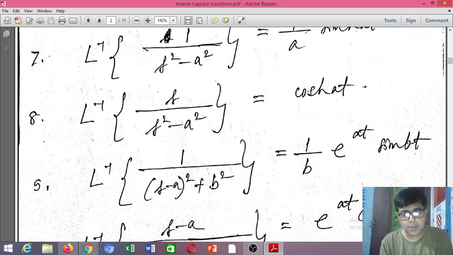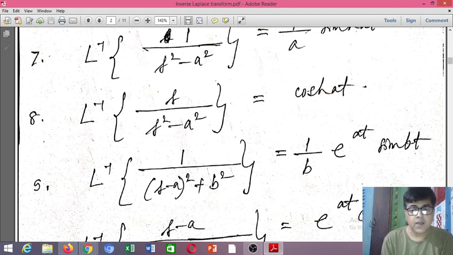Similarly, if we apply the shifting properties on these functions, accordingly the point will get shifted. In the case of sin bt, if you multiply it by e to the power at and divide by b, this is the inverse Laplace transform of 1 by s minus a whole square plus b square, because we know the Laplace transform of e to the power at into sin bt is b by s minus a whole square plus b square, which we did in the previous class on the shifting theorem.